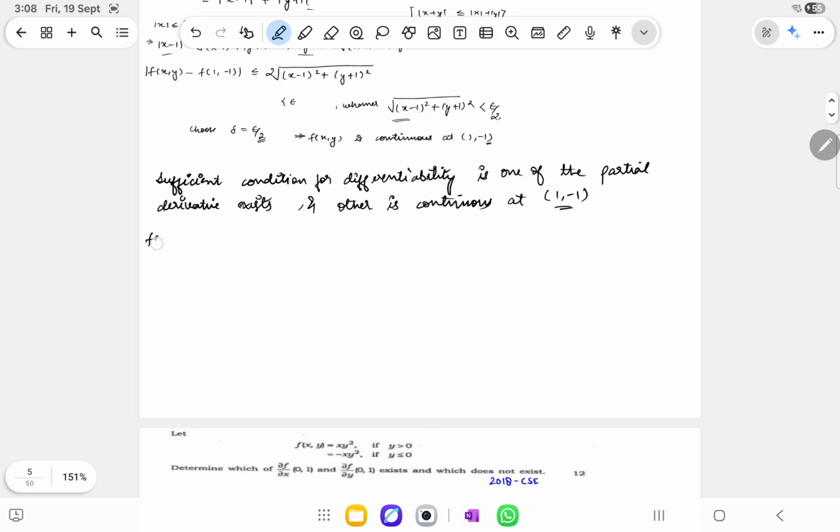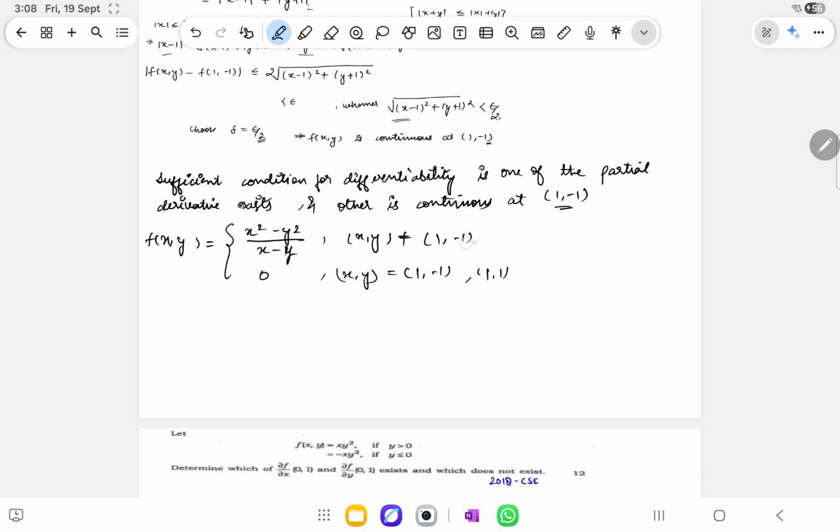The function f(x, y) is given to me as (x square minus y square) divided by (x minus y), and 0 when (x, y) is (1, -1) or (1, 1), and this applies when (x, y) is not equal to (1, -1) and (1, 1).